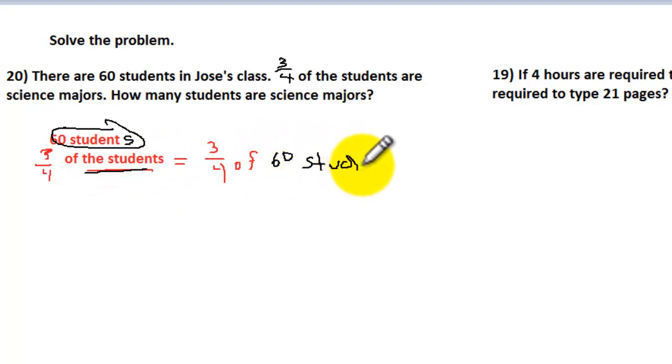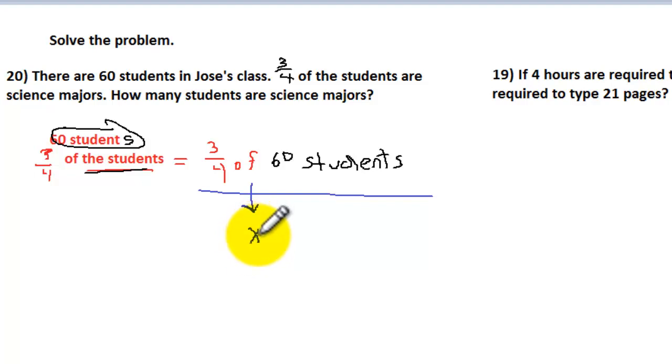Now, let's see what else the problem is saying. How many students are science majors? Well, 60 students in the class total. 3/4 of the students are science majors. So this statement here tells us everything. This "of" means multiply.